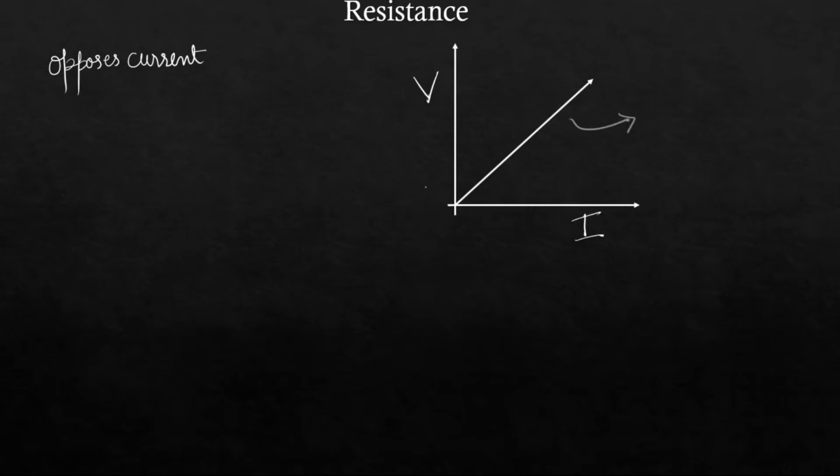Now usually we model the resistance as a linear relationship between voltage and current. That is, if you draw a VI curve, the slope is modeled as a resistance. And as I told you, you will consider it as time invariant, that is v(t) = i(t) × R. The resistance is not considered as a function of time.